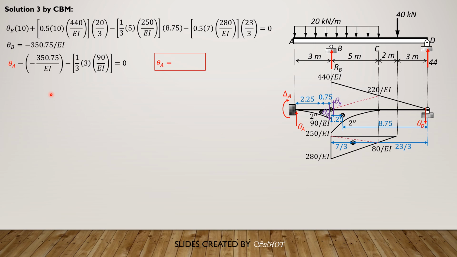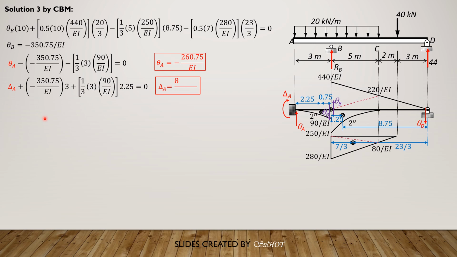Solving for theta A is negative 260.75 over EI, just like in the double integration method and in the other method. Then summation of moment about A equals 0. So delta A plus negative 350.75, or theta B, times 3 plus 1/3 of 3 times 90 over EI times 2.25, the moment arm about A, then equals 0. So delta A is equal to positive 849.75 over EI, just like the result in double integration and in the area moment method.